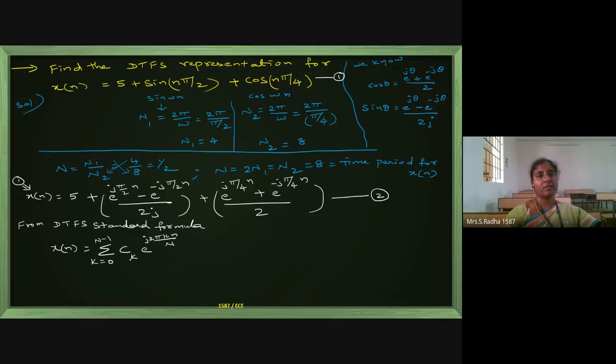Whichever variable ck has, that variable should be used in the summation, and here small n equal to 0, 1, 2, 3 up to N minus 1. Okay, so this is about the standard formula.